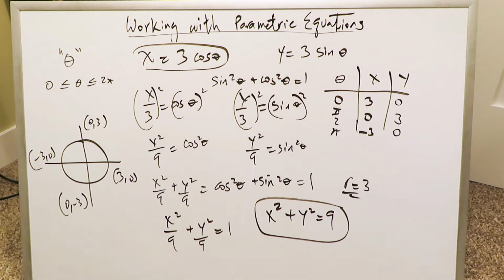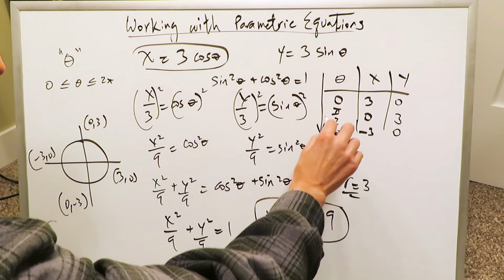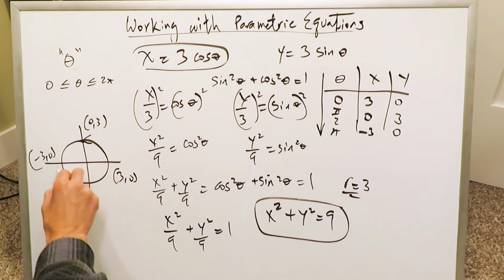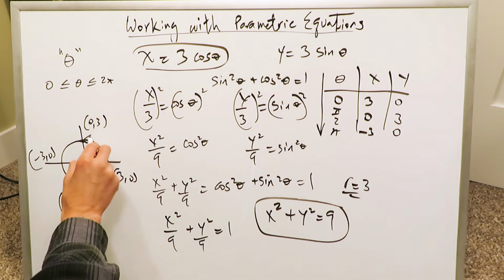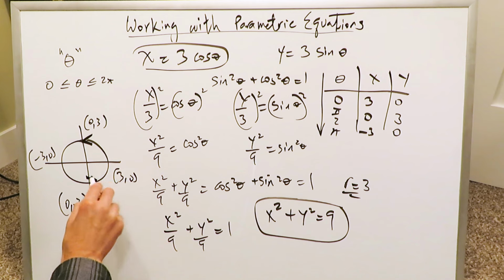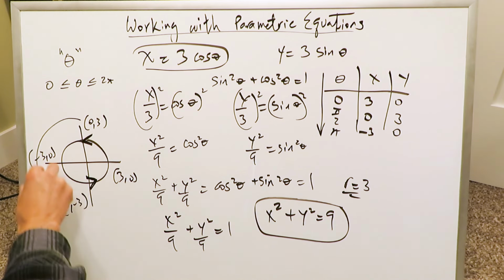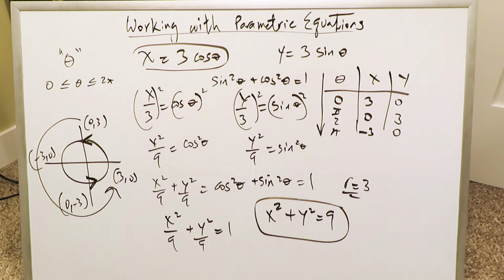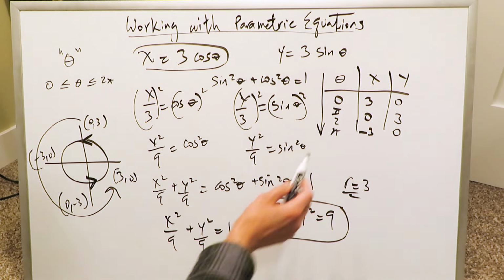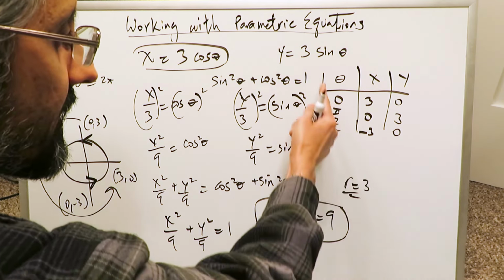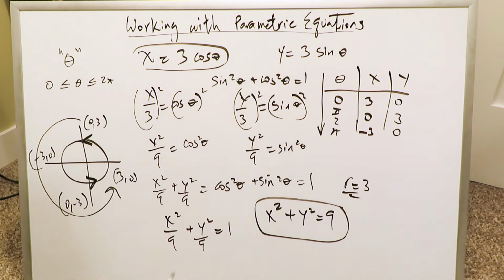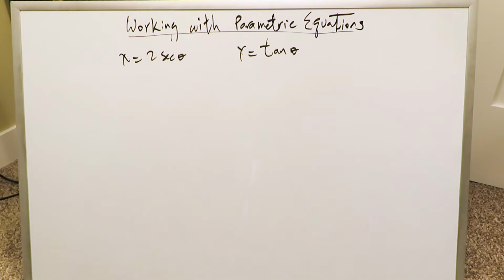Just by looking at that, as these thetas or your parameter is increasing, you're seeing a direction which is developing in this way, right over here, counterclockwise. So you can draw your arrows like this. This right here represents the direction of your circle counterclockwise, and we've determined that by means of the behavior we're seeing here with the increasing parametric value, how the x and the y are behaving, we get that direction.